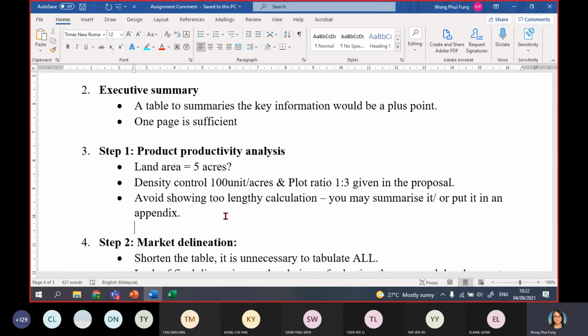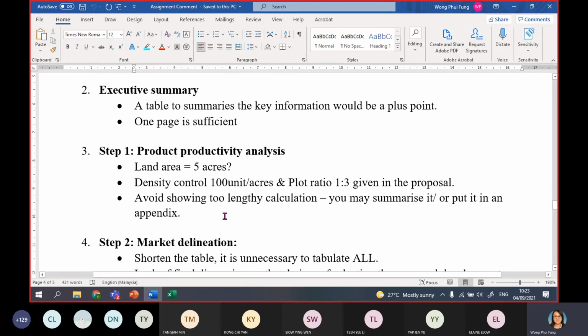Then it will make your report not so lengthy because appendix doesn't count any words, correct or not? So I would say you have to improve your presentation. If you want to show the calculation, can. You can sum it in the table, then you put an appendix, then you tell the client, the car park number, you can refer to appendix 1A. And then the OKU car park, the parking lot, you can refer to appendix 1B. So that will make your report more presentable.